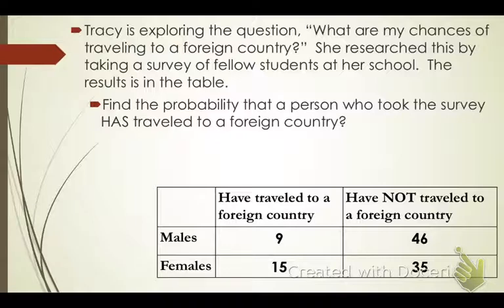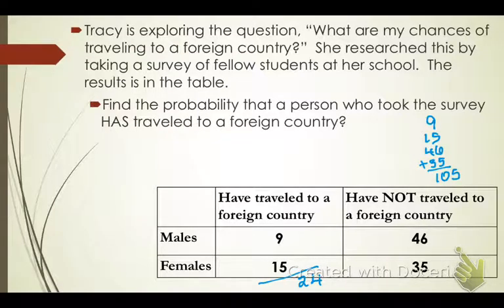So using this table, find the probability that a person who took the survey has traveled to a foreign country. In order to do that, we need to know how many total people travel to a foreign country, so we add up that column, and we get 24.